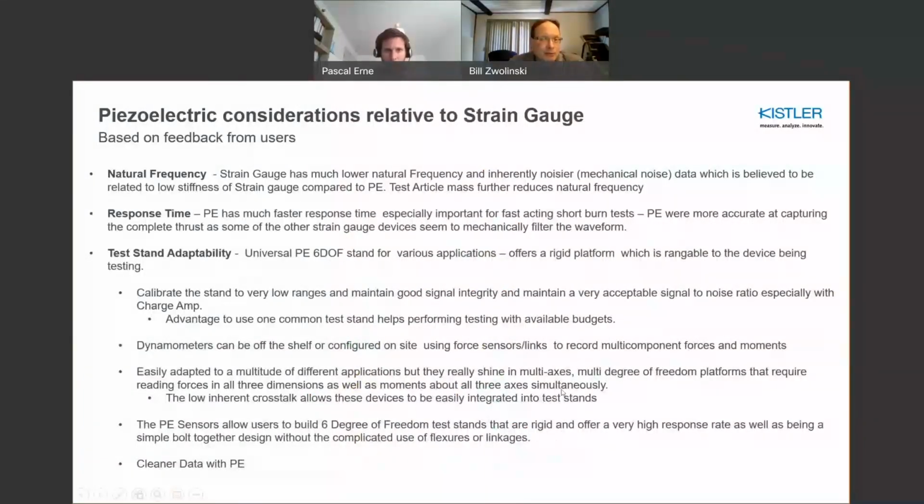Some of the feedback I get from strain gauge users and piezoelectric users, and some of them use both, is that they really like the natural frequency capability of the piezoelectrics, the fast response time, and the adaptivity of the platform. Because you have modular elements that are all pre-calibrated, you can easily create different structures, triangular arrangements, rectangular, square arrangements of sensors, and really achieve a known solution.